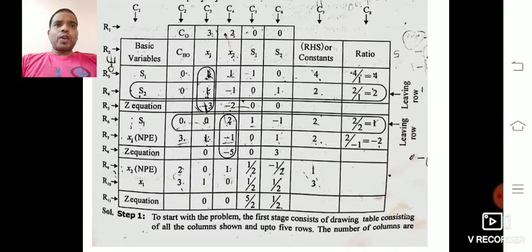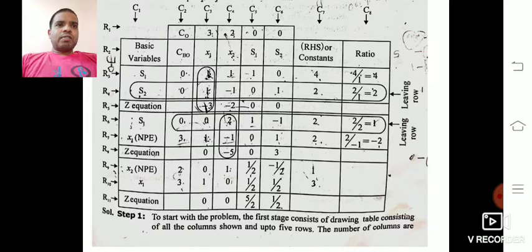How are you getting the value 2? See here, the old element in the S1 row, for X2, is 1. Okay, that is old element 1 minus the element coming under the entry column coefficient, that is 1, which is coming under the entry column C3, the encircled 1. 1 minus 1 into the new pivot equation value you got in row R7, that is minus 1.